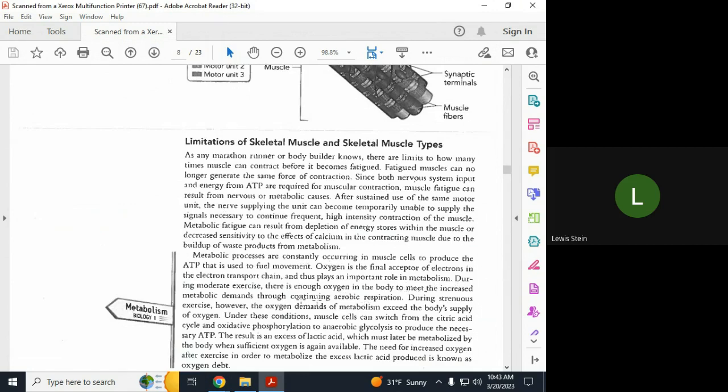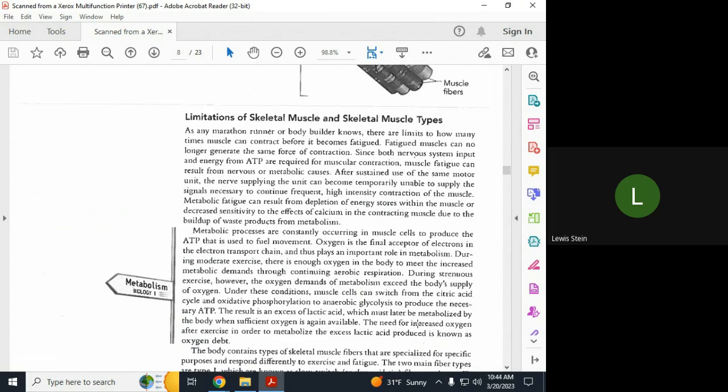So with moderate exercise, there's enough oxygen to meet the increased demands by continuing aerobic. And again, I say it all the time, the transformation to aerobic is marrying circulation, heart rate, muscle activity, and breathing together, so that the volume of air, the output of the heart, the oxygenation, and the utilization of those muscles are all grouped together consistently.